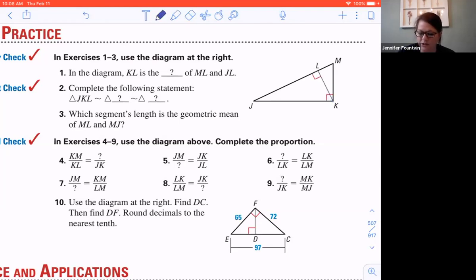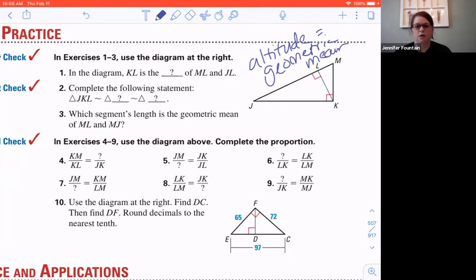The altitude is equal to the what? The geometric mean. And remember, in a previous chapter, we learned about geometric means. So we've got to use that content that we learned previously. We're applying it to this section with right triangles.